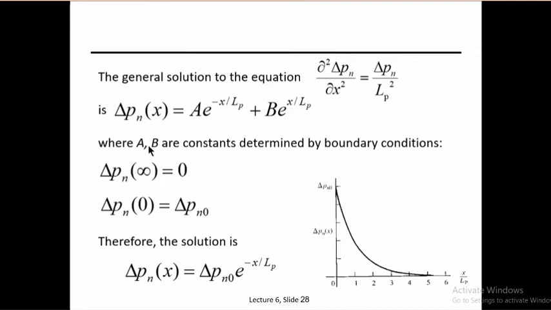Then we will determine the constants A and B. So you take the boundary condition: when x equals infinity, this term will go to 0, and when x equals 0, we will obtain that it is equal to delta p of n sub 0.